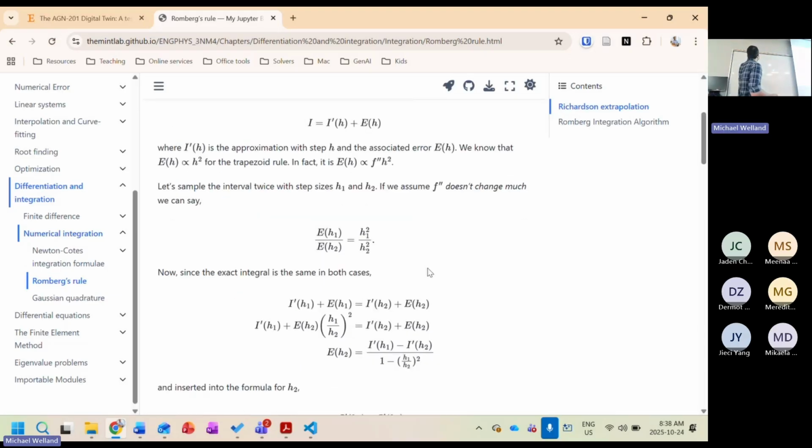Okay? Now we say, wait a second, the exact integral, the analytic integral of this function hasn't changed, right? Because nature hasn't actually changed. So you put them together, right? You substitute in this guy, and you do some number crunching.